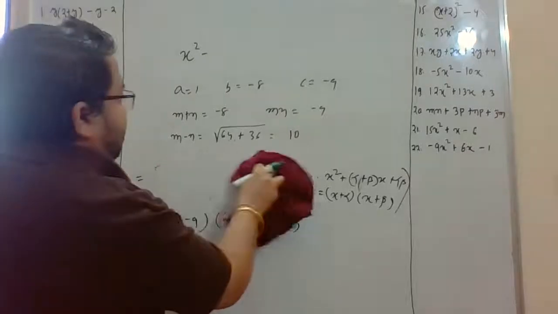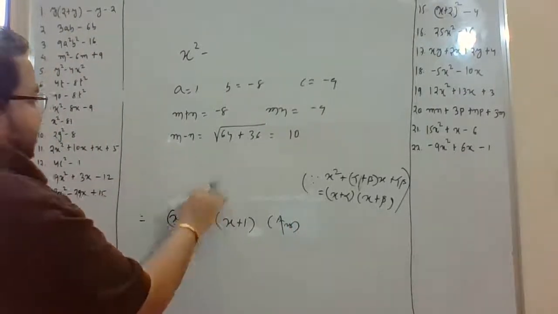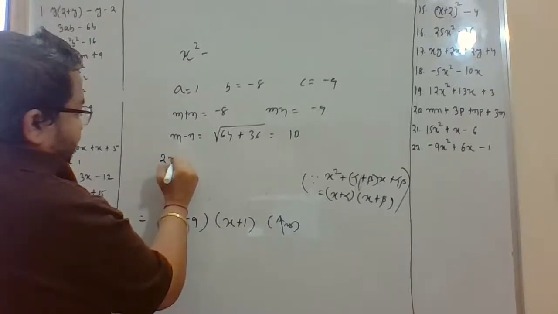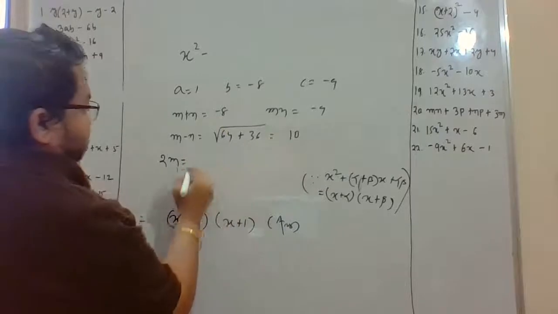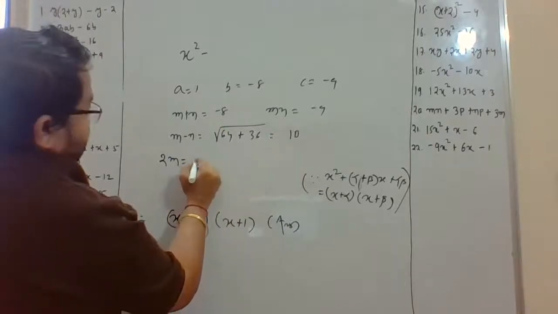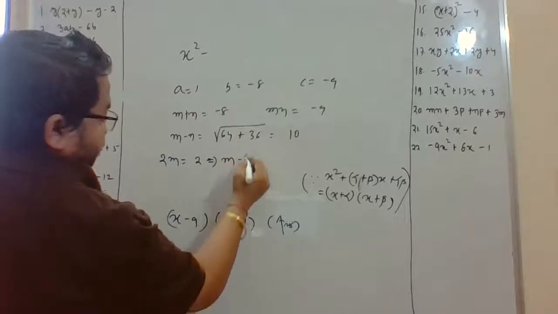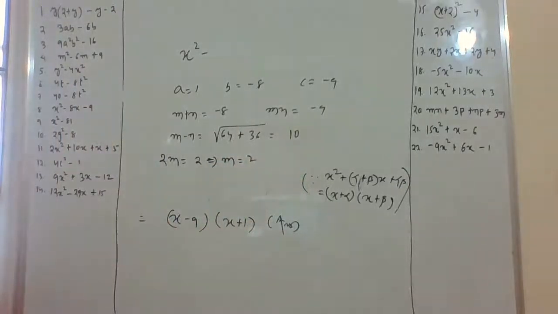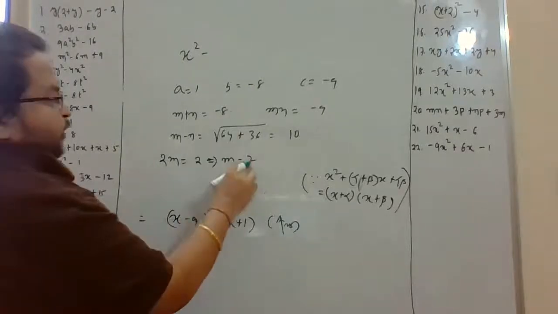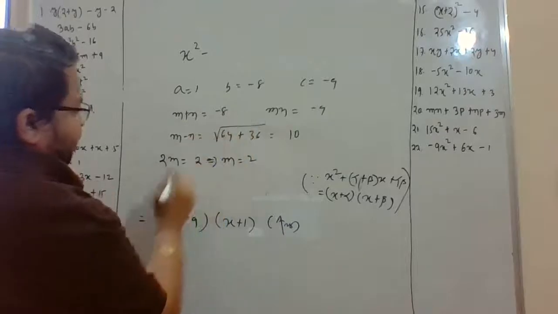So if m plus n is -8 and m minus n is 10, then your 2m is the summation of these two. -8 plus 10 is nothing but plus 2, or m equals to 1. So you found m. Now, if you have m, you can use this one in any of these identities.